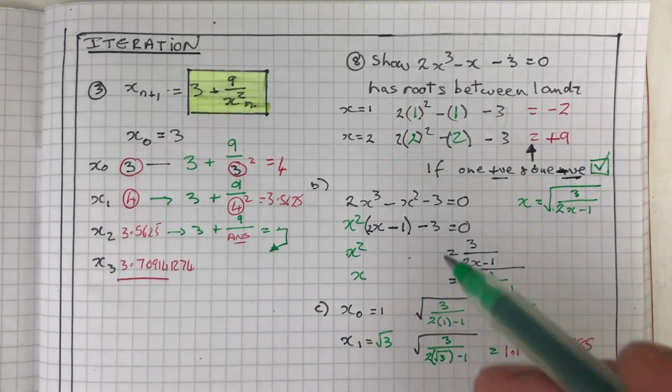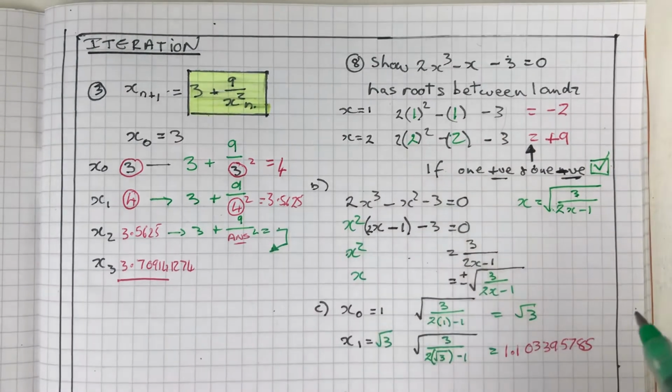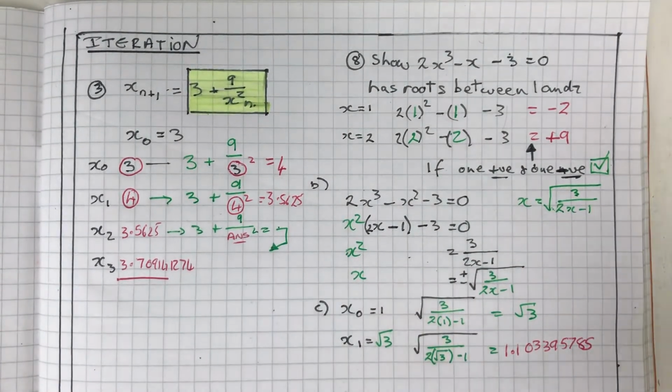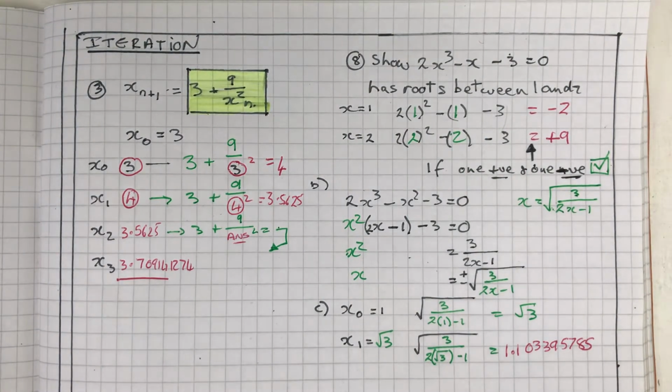And if I square it, which I should have done, I get 3.70914274. Now if I kept on going and going, the answer will get closer to the ideal answer. But the idea is they've just said, if I do this 3 times, what will I end up with?